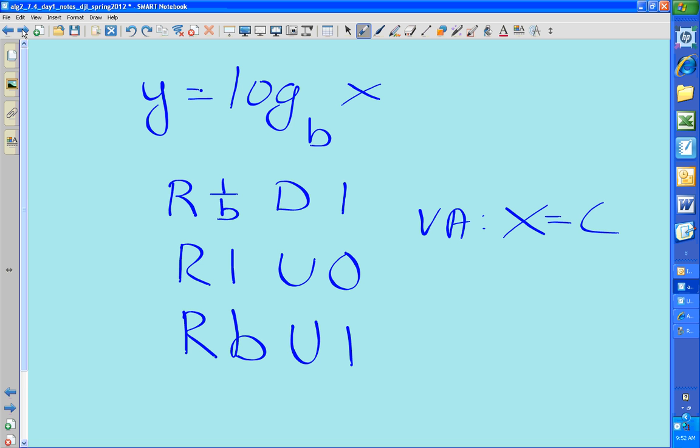Now we're going to go right b, up 1. In an exponential function, we went right 0, up 1. We're going to go right 1, up 0. And in the b to the x function, we went left 1, which was a negative 1, and we went up 1 over b. So we're going to go right 1 over b, but down 1.